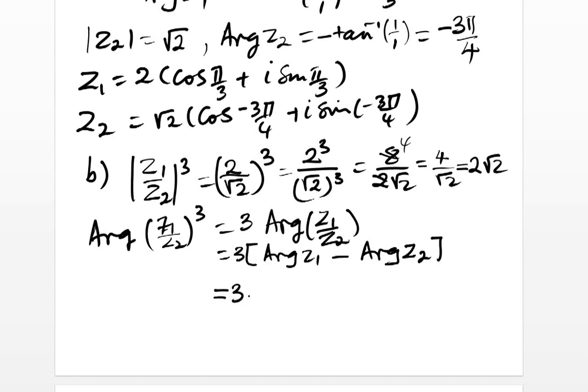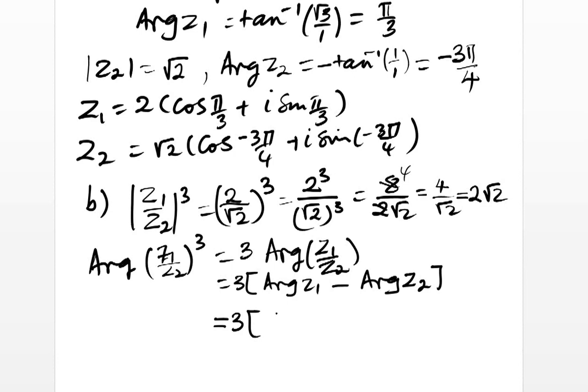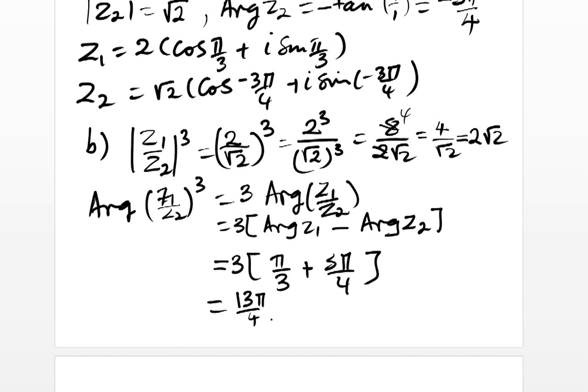Which gives 3 times, the argument of z1 is pi over 3 minus, that's plus 3 pi over 4. When that is simplified, it gives us the overall argument here as 13 pi over 4. Okay, 13 pi over 4 as argument, which we then bring into the range, following negative 3 pi over 4.